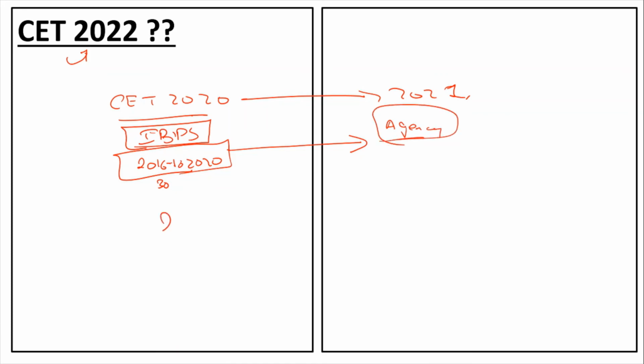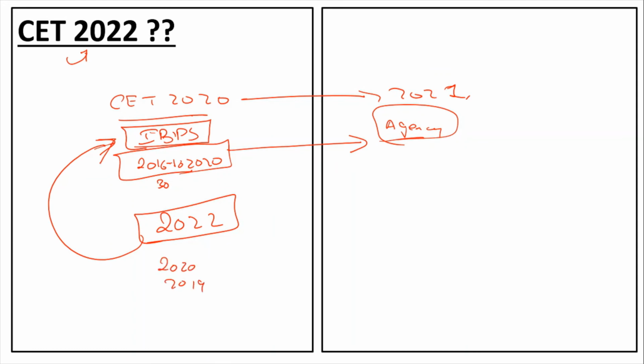So what do we expect in 2022? I would say it particularly depends on the paper setter. If we get to know that IBPS is the paper setter, you can follow the 2020 and 2019 pattern. If it is some other agency setting the paper, you can follow the 2021 pattern.